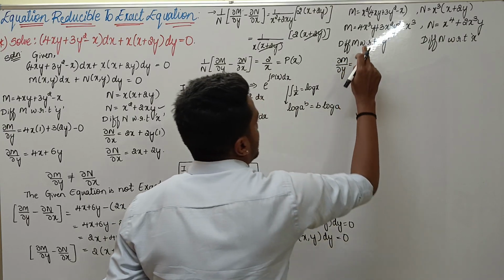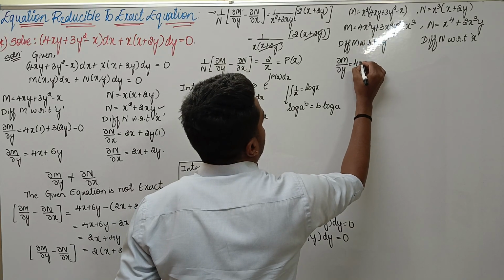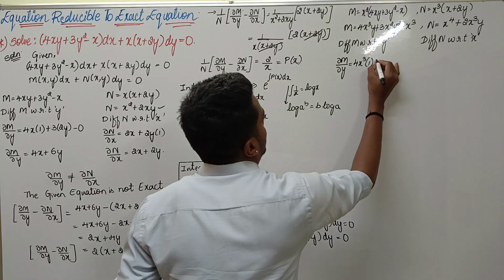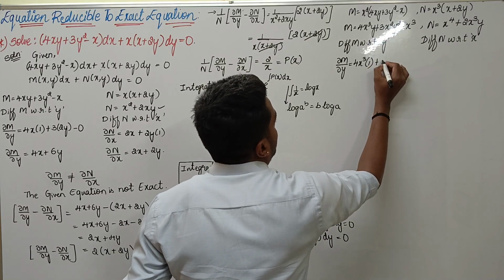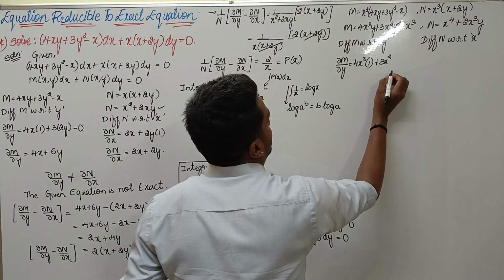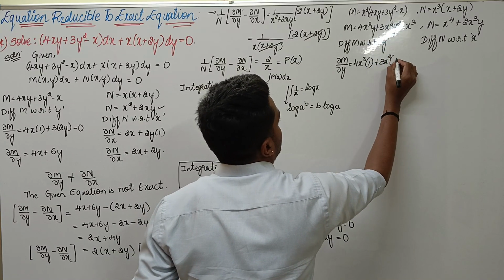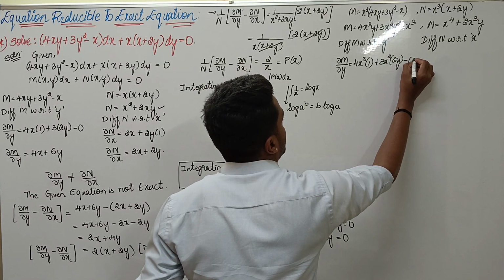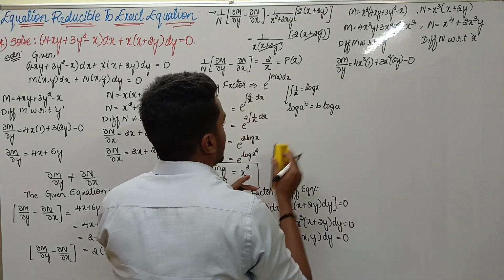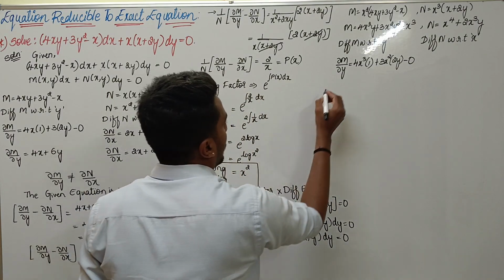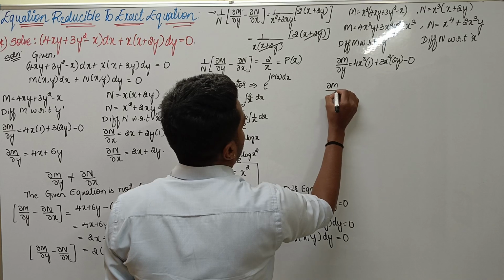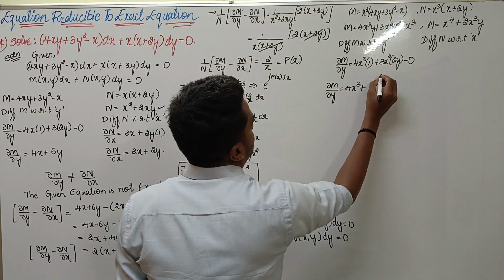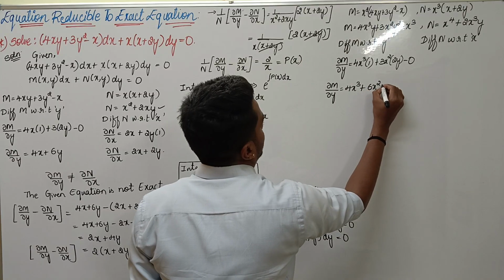We have y, 4x cube remains constant, differentiation of y is 1. Similarly, here we have y square, 3x square remains constant, differentiation of y square is 2y, since differentiation of x cube with respect to y is 0. Dou m by dou y is equal to 4x cube plus 3 2s are 6x square y.